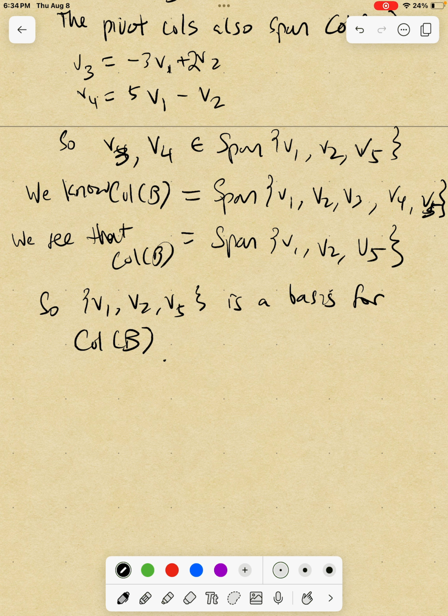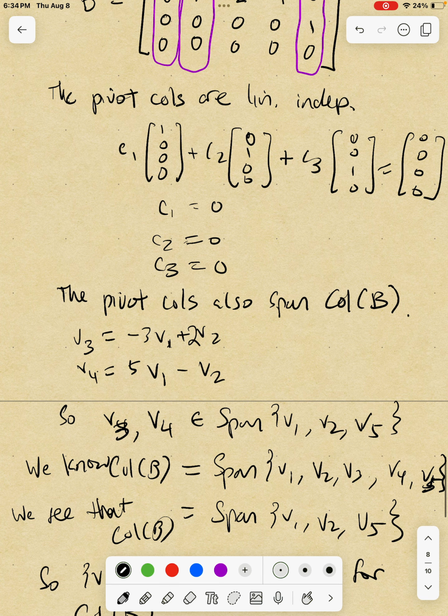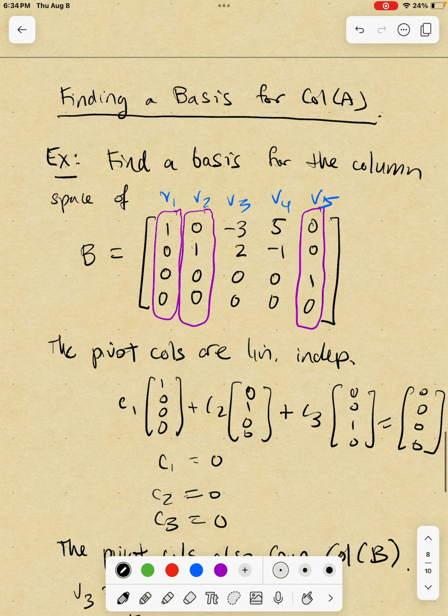Okay, so V1, V2, V5 is the basis for the column space of B. Right. So in general, and this is a general fact, the pivot columns of a matrix in echelon form are a basis for the column space of the matrix.